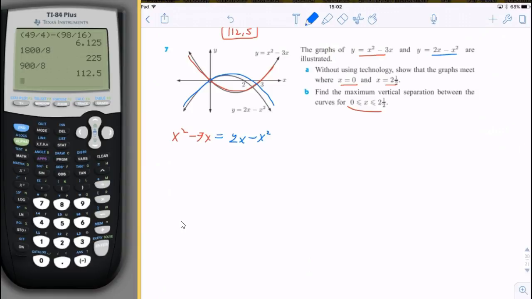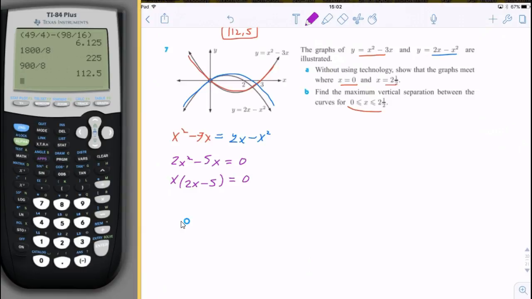And then we just move everything to the left side, and we make a purple quadratic, which is going to be 2x squared minus 5x. And then the right side is going to be equal to 0. And then we could factor. We factor, we get that.